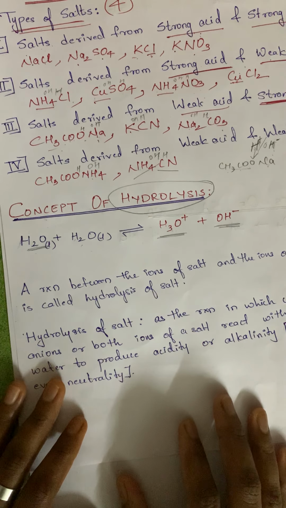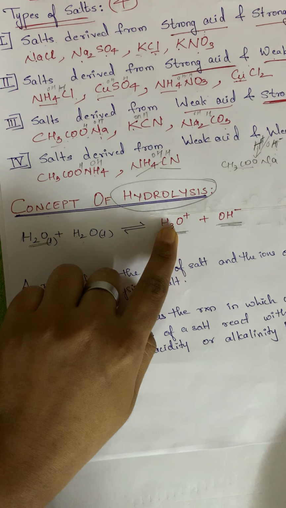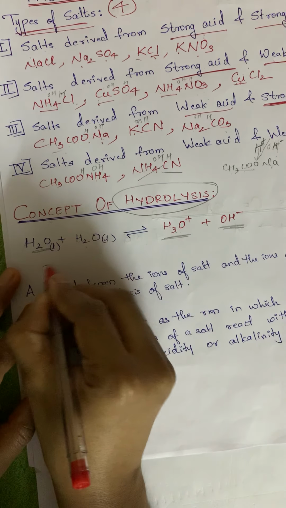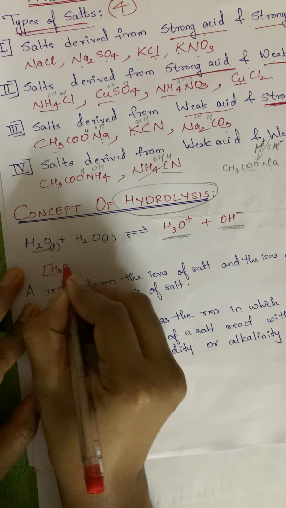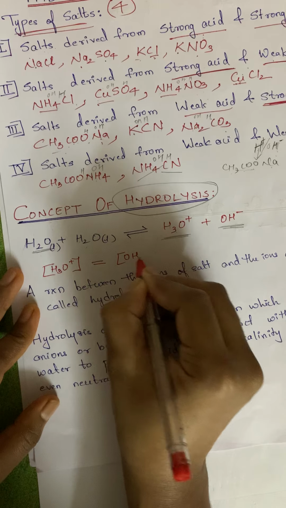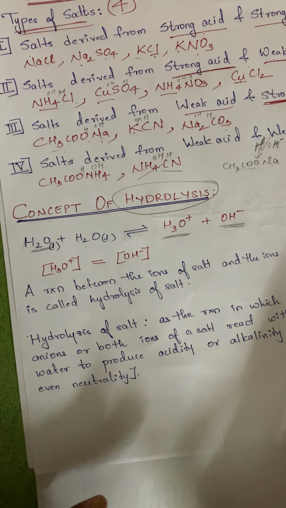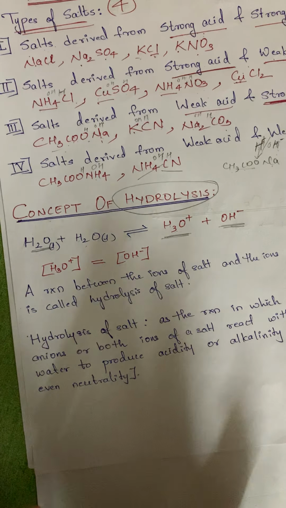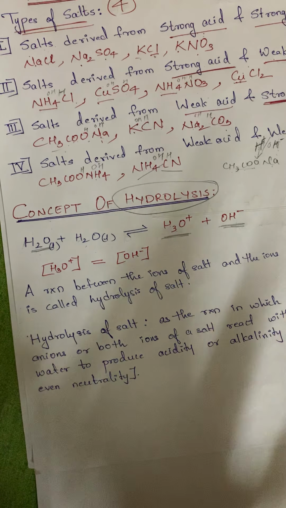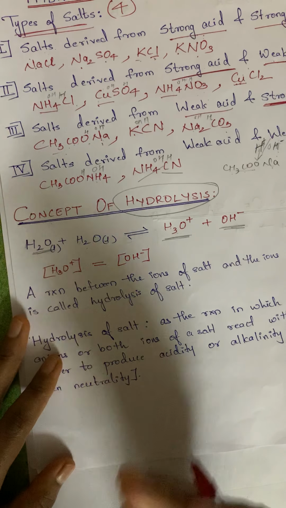Now, when it was pure water, the concentration of H3O plus was equal to the concentration of OH minus. Therefore we say that water is neutral, that means pH 7. That is the concept. Now if I add the salt to water, what will happen?